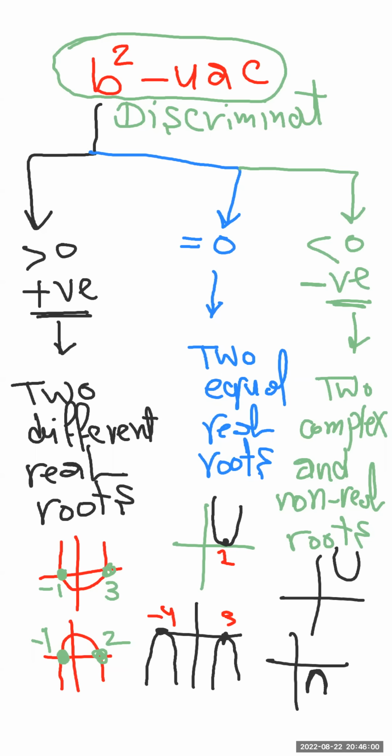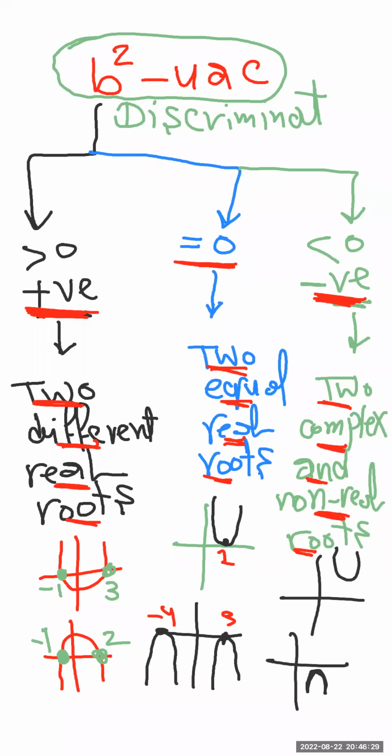Okay, so these are the three types of the roots. The first one, discriminant positive, two different real roots; 0, two equal real roots; negative or smaller than 0, two complex and non-real roots. Okay, let's solve some examples related to this point.